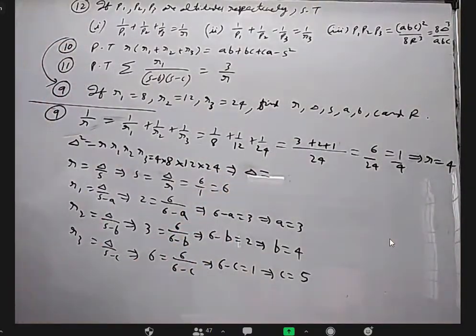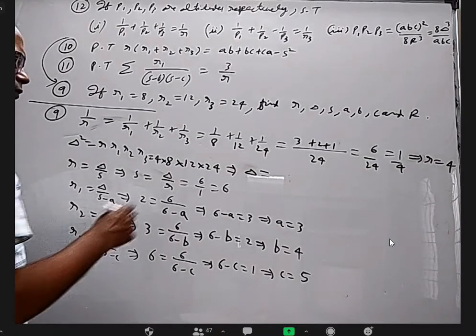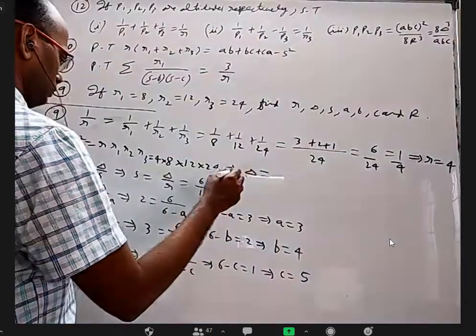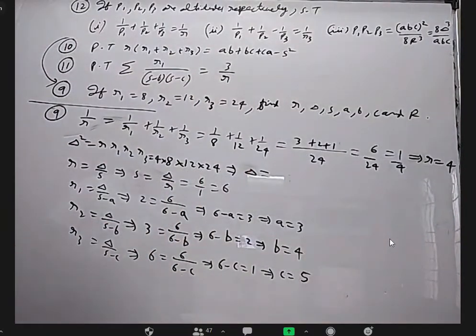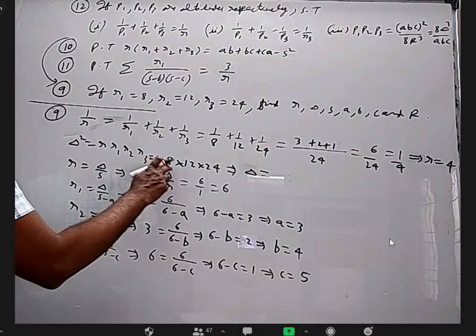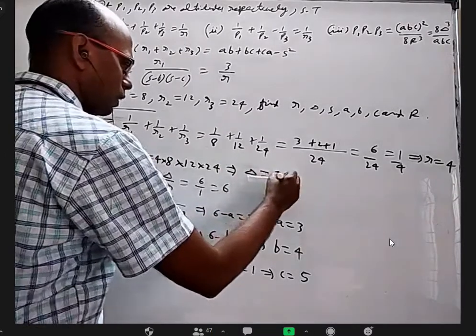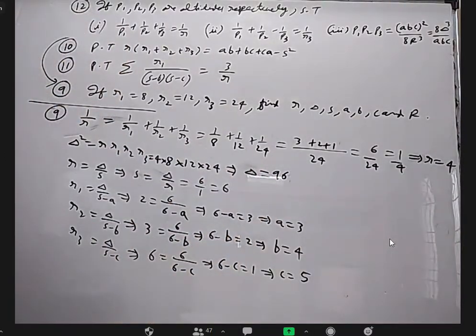So delta is how much finally now? 64? How much is this? 24? Not 24, 96. Delta is 96. Earlier 6, 16 times that, so 96.